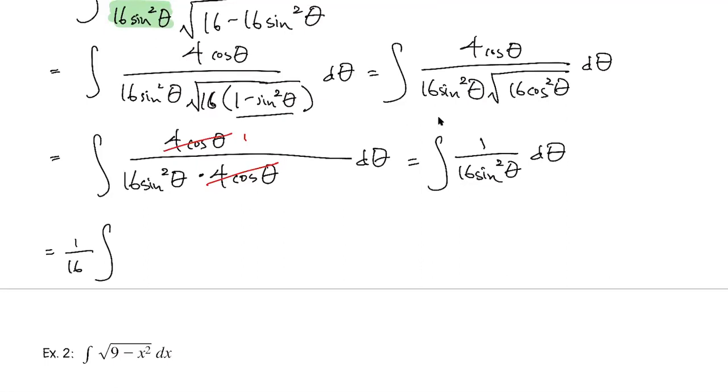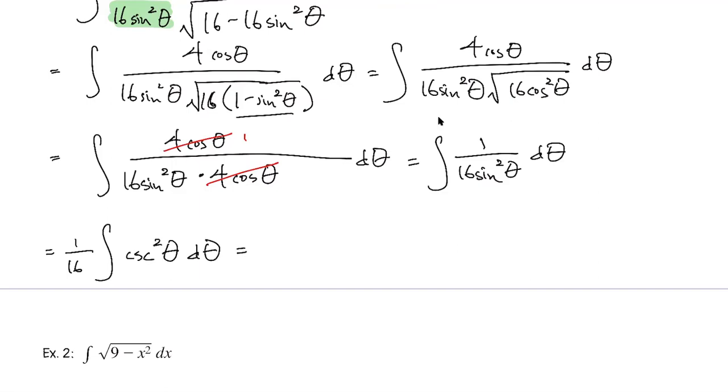And at the same time, I'm going to use one of my trig identities to simplify the sine squared. So 1 over sine is the same as which trig function? Cosecant. Yeah, 1 over sine is the same as cosecant. So when I have 1 over sine squared, that's the same thing as cosecant squared d theta.